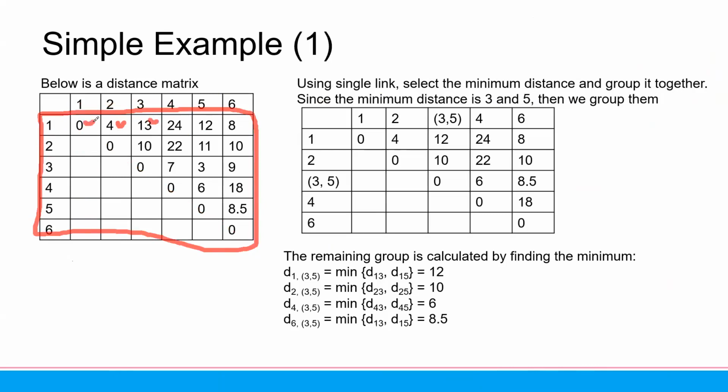We will not consider the 1 and 1, like this one, because there is no distance between its node. So 0 is not considered. So we have 4, 13, 24, 12, 8, 10, 32, 11, 10, 7, 3. Okay, so 3 is the minimum distance.